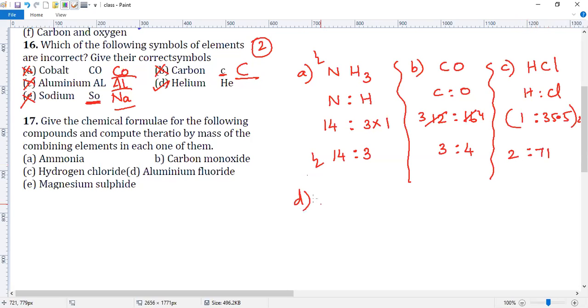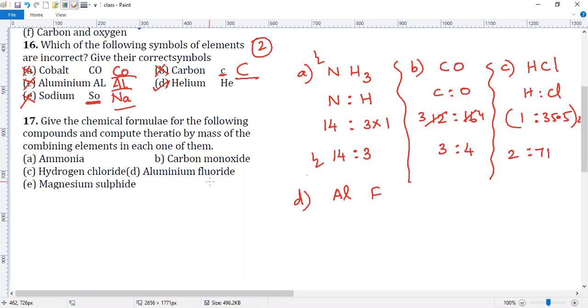For D, it is aluminium fluoride. Do you know the mass of aluminium and fluorine? Have they been given in your textbook? You have to make use of the tabulation present in your 4th unit. I already told you. Aluminium's atomic mass is 27 and that of fluorine is 19.